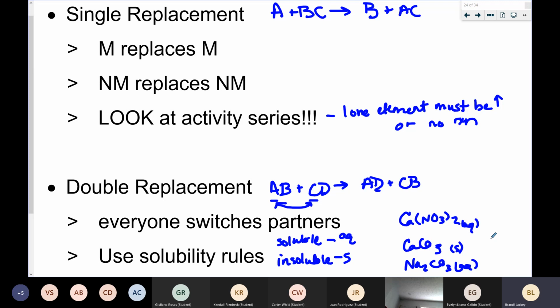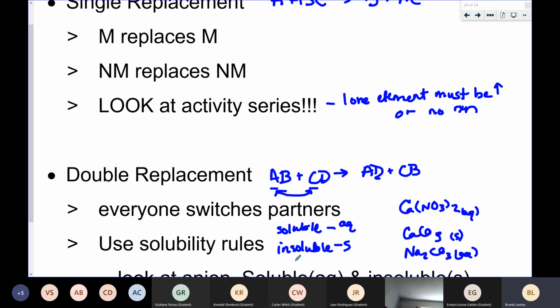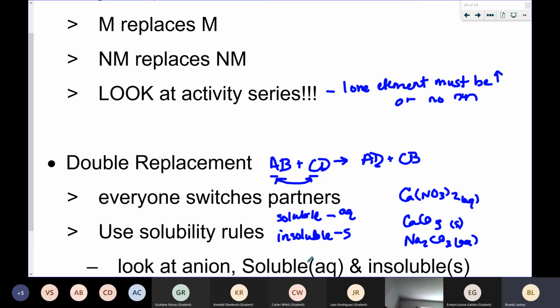That wasn't too long ago. But remember, that needs to be included with double replacement. Anytime it's a solid, anytime it's insoluble, it might be referred to as a precipitate. So anytime it's looking for the precipitate, it's looking for the solid.